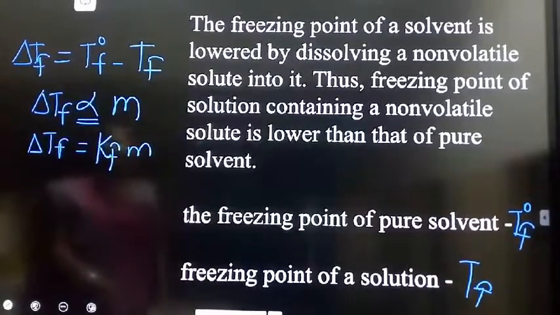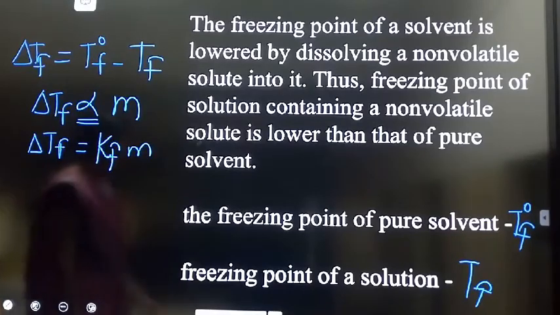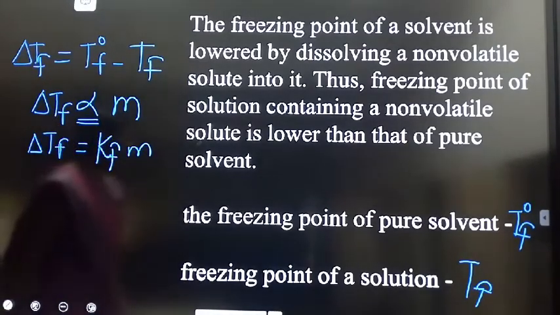Therefore, delta TF is equal to Kf into m, where m is the molality of the solution.